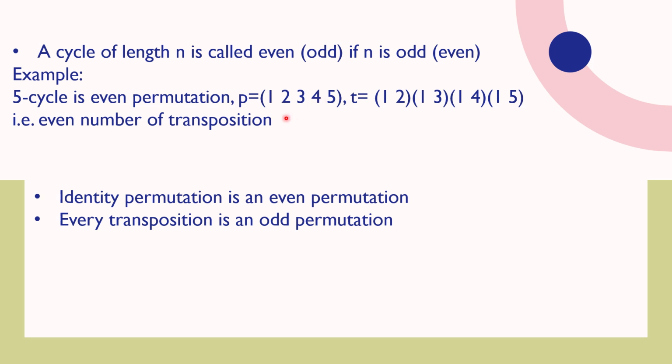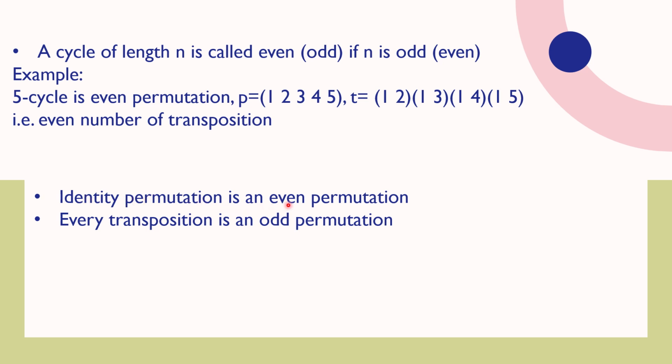So with the length, it's the opposite thing. With the transposition, it's the same thing. This is what it means: if the cycle is odd, then the permutation is even. If the transposition is odd, then the permutation will be odd, and vice versa. This is what you have to keep in mind.